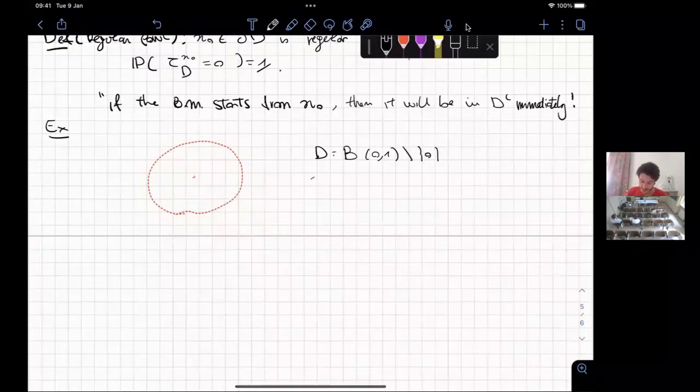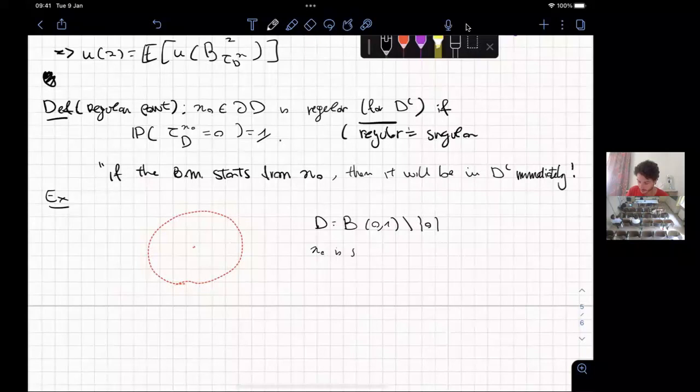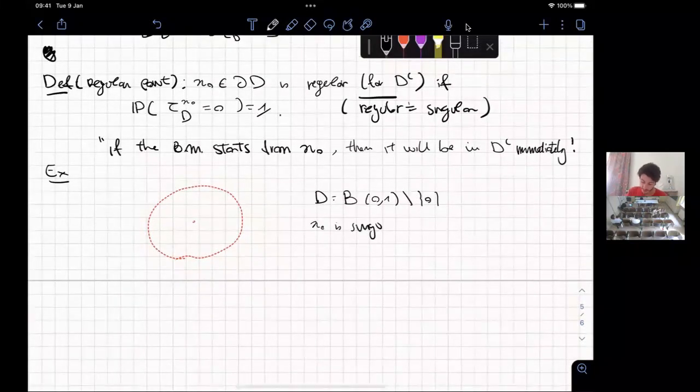And here x0 is singular. Of course, regular, not regular, we call it singular. So x0 is singular here, x0 equal to 0.